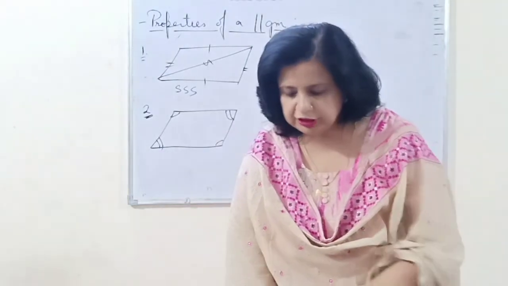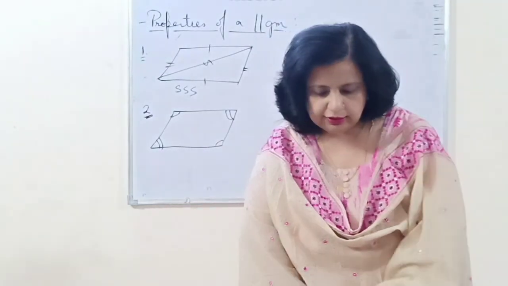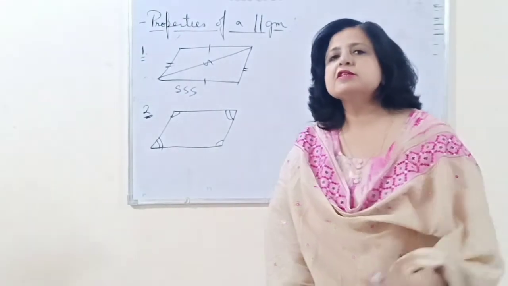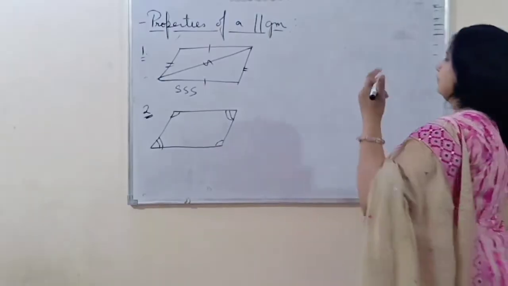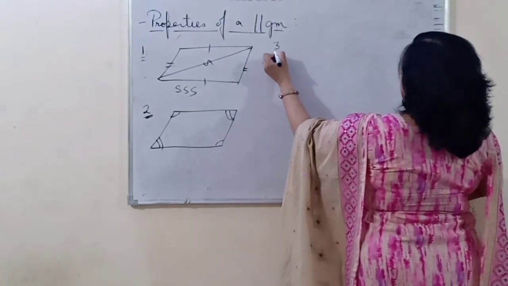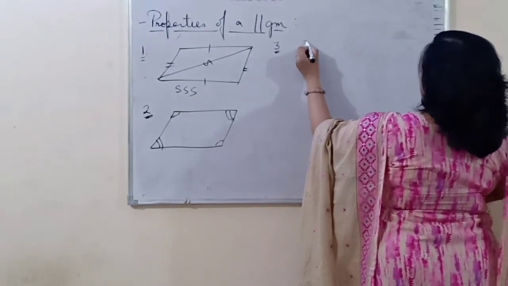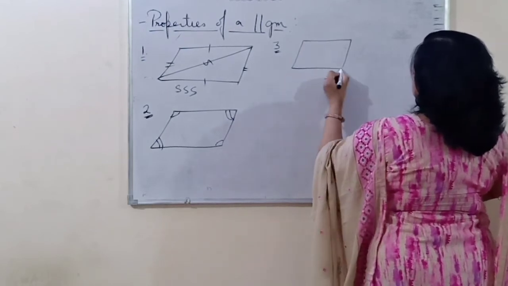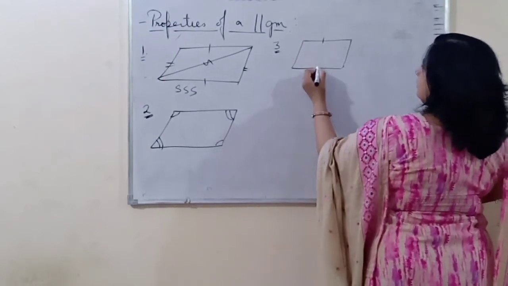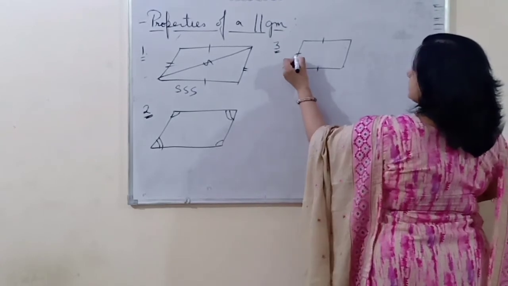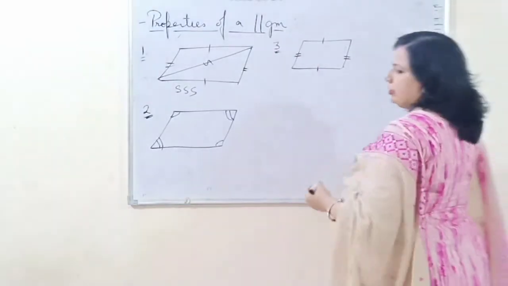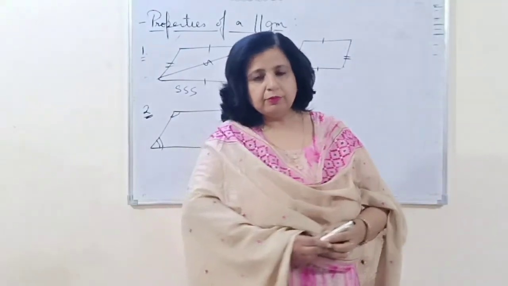Now next property is that if each pair of opposite sides of a quadrilateral is equal, then it is a parallelogram. If in a quadrilateral each pair of opposite sides is equal, if this side is equal to this side and this side is equal to this, then the quadrilateral is a parallelogram.